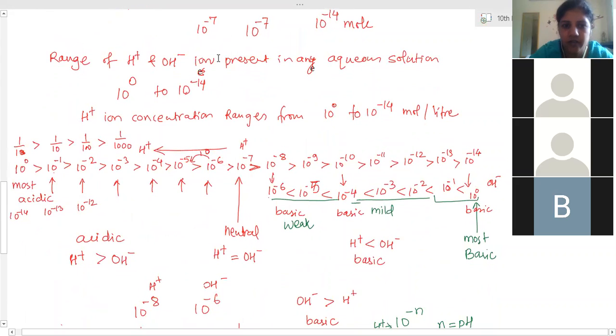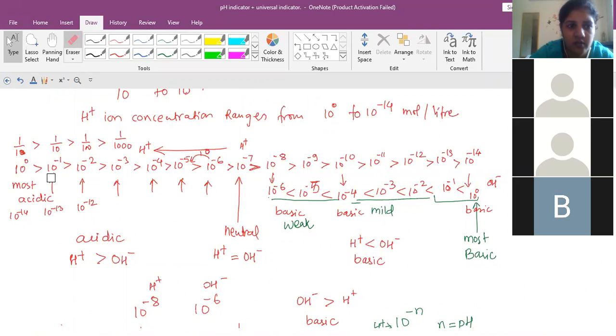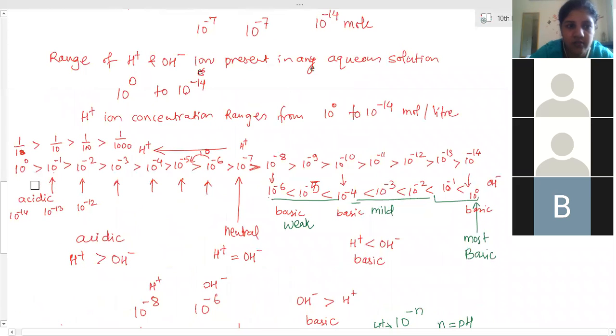Then write down this. I'll make it easier somewhat. So write down first the race here. This 10 to the power minus 1. This is H plus ion concentration. So first strip is for H plus ion concentration. Write down all the numbers.